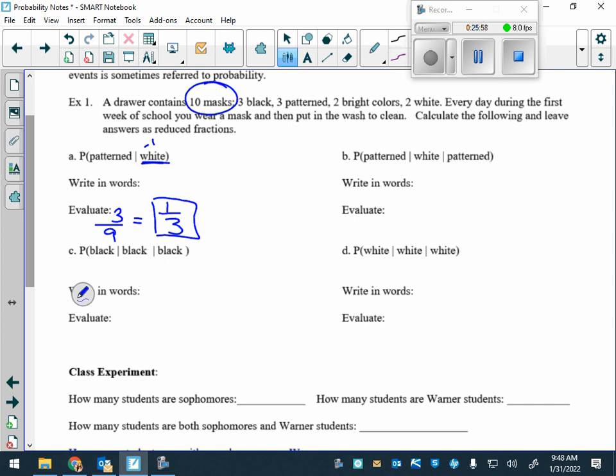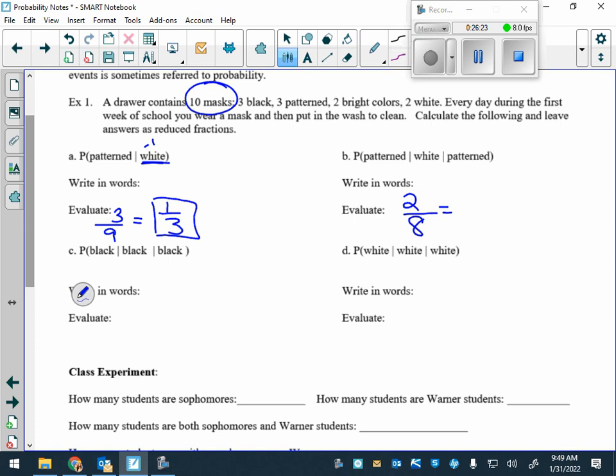So with these two already occurring, how many are we down to? 8. Both of you, good job. Now, how many pattern in total do we have? 3, right? But one was already chosen, so what are we left with? 2.